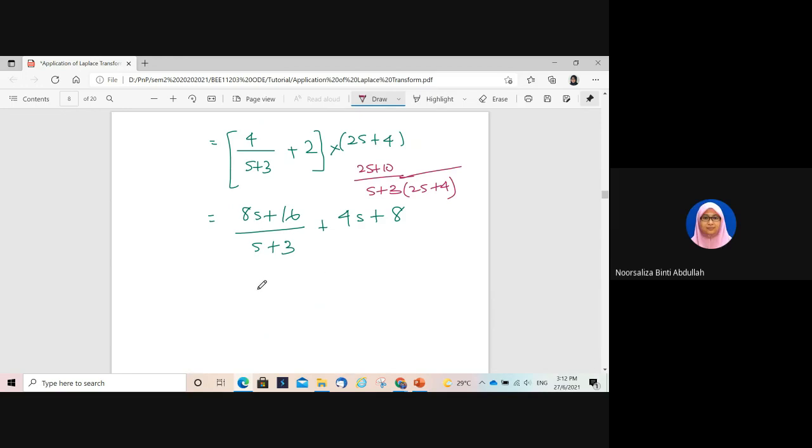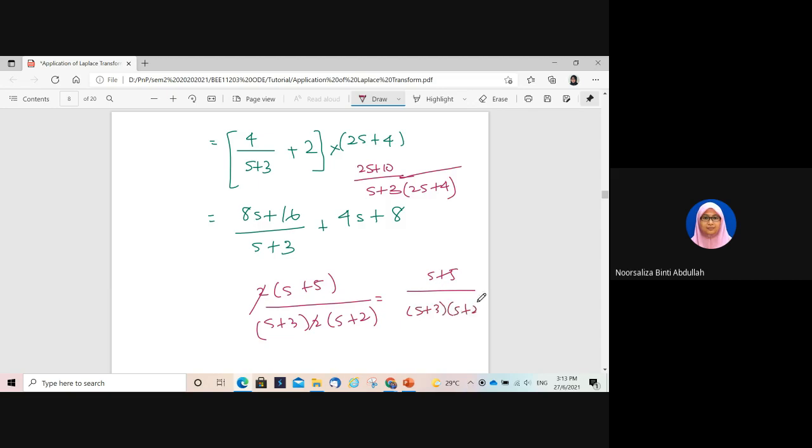Lepas tu you keluarkan 2S tambah 5, bahagi S tambah 3. Sini you keluarkan 2S tambah 2. Right? 2 cancel. Betul. Okay, so sama juga dengan S tambah 5 per S tambah 3 S tambah 2. Betul? Betul.